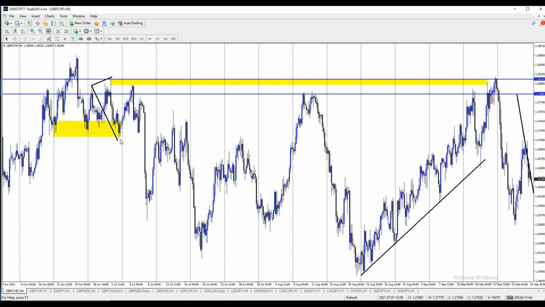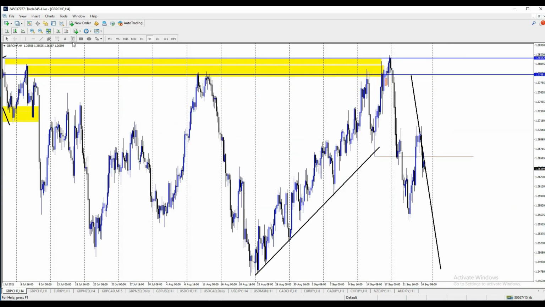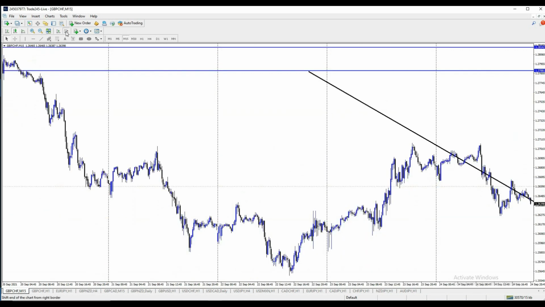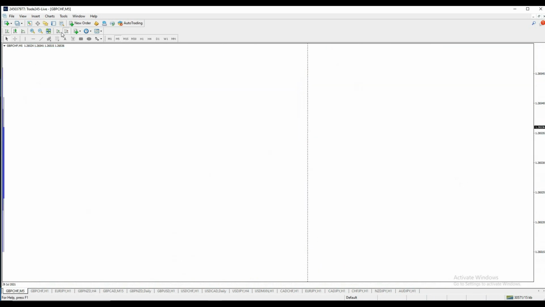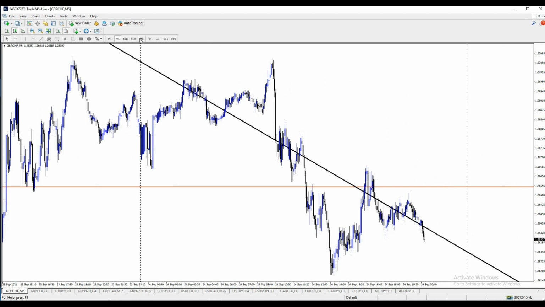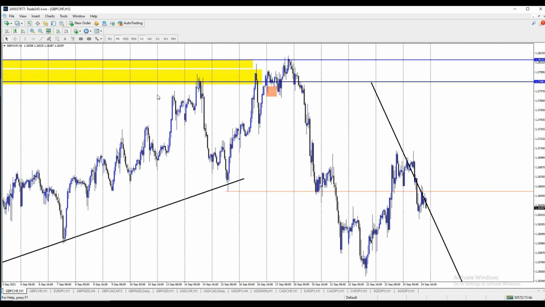So the zone responsible for breaking structure was this one. As you can see, this is where price was coming from. So I had my eyes on this, and as you can see, we definitely made good money on that. For those people who are in the Telegram channel, you definitely made some money today.